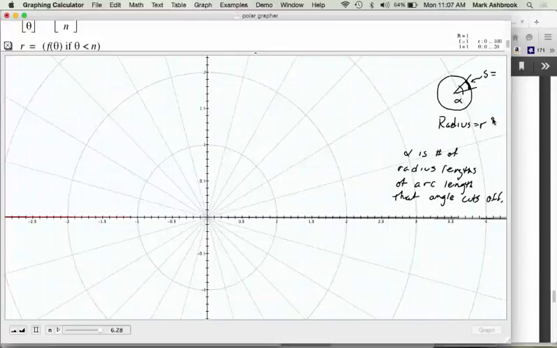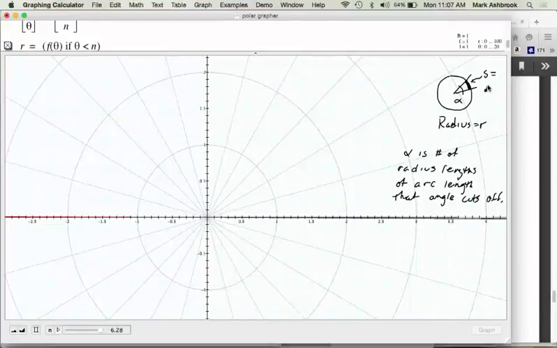So if we want to know how many units that is, what actual distance that is, if our radius is r, and alpha is how many radius lengths that is, then what is the length of that arc? A radian is the number of radius lengths that this angle cuts off on the arc.